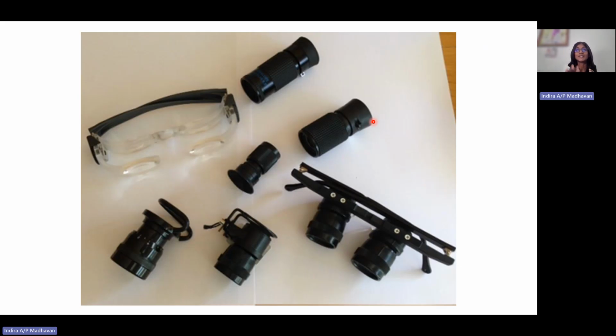But when a person is wearing a telescope, it's totally different. First, the field of view will be smaller. What is field of view? If you're looking straight now, you will be able to see the whole screen, and also some information from the sides.